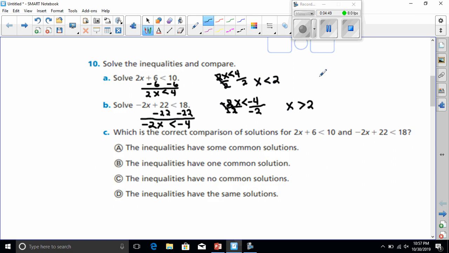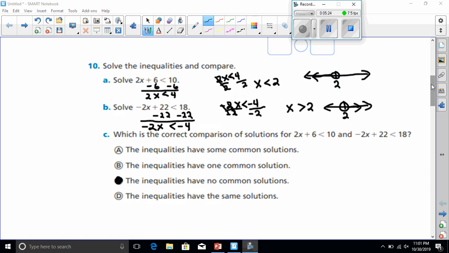Remember, this on a number line represents any number that is less than 2, but not including 2. This inequality represents any number that's greater than 2, but not 2, which means they don't have anything in common. So these inequalities have no common solutions. My answer would be C.